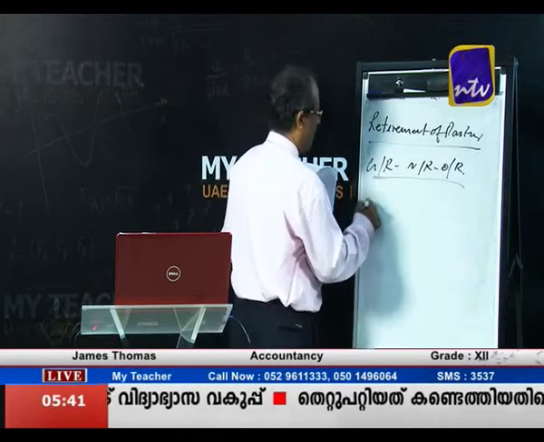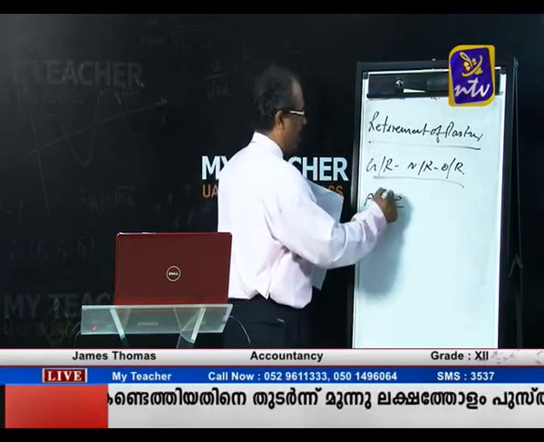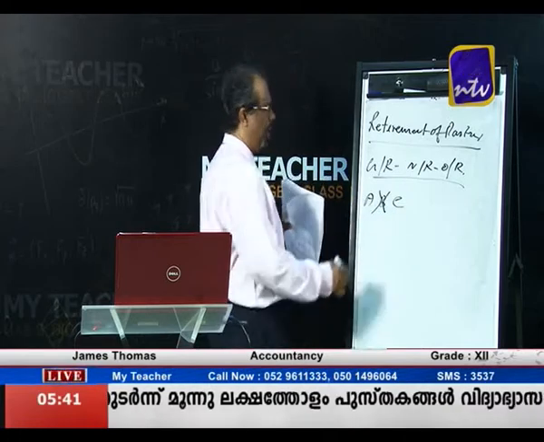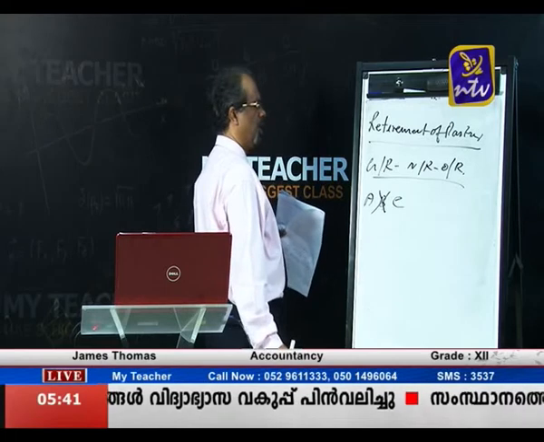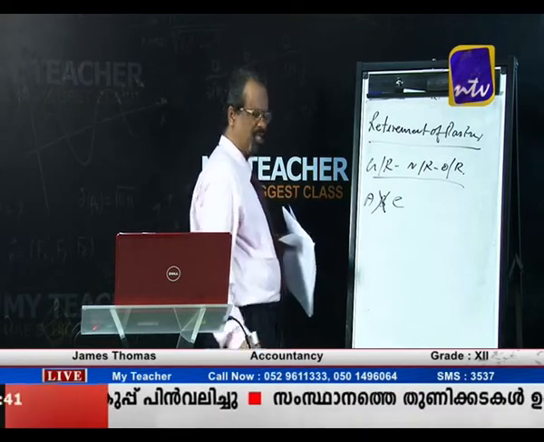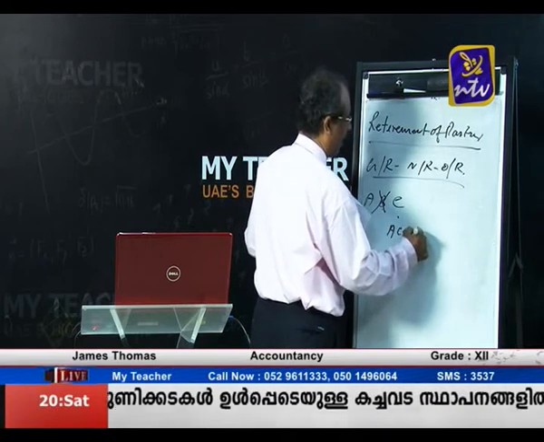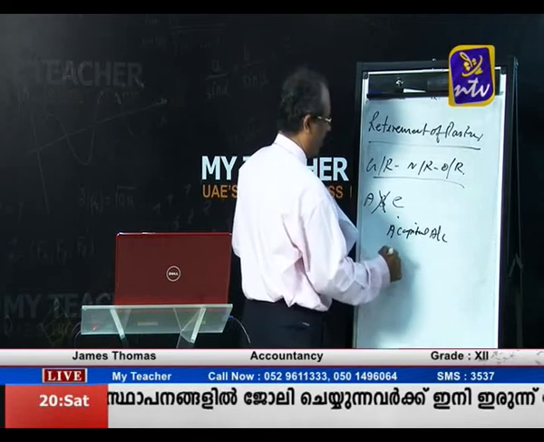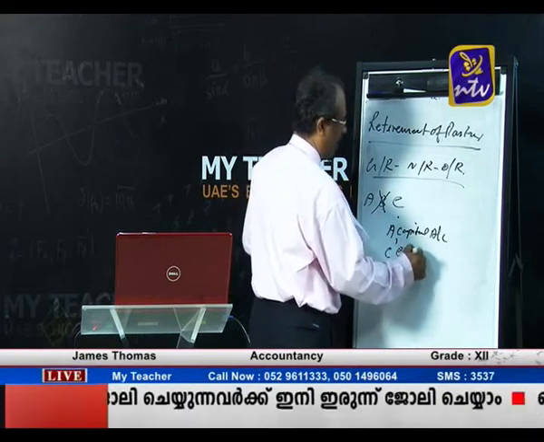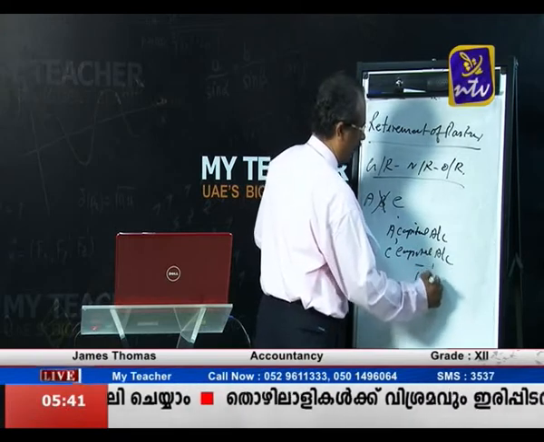See example, A and B and C are partners. So here B is retiring and B's share of goodwill is adjusted by other partners by passing a journal entry: A's capital account debtor and C's capital account debtor to B's capital account.